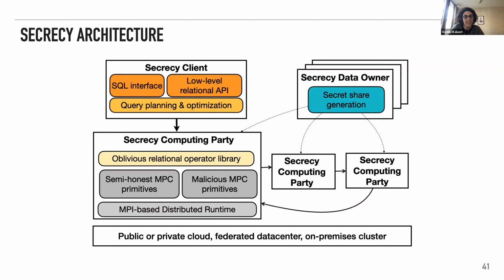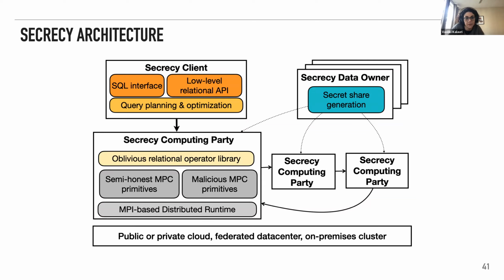So here's the system architecture as of now. Secrecy is built in C++. It has a SQL interface, but also a low-level relational API that more expert users can use. It has a query planner, as I said, that applies all these optimizations automatically.